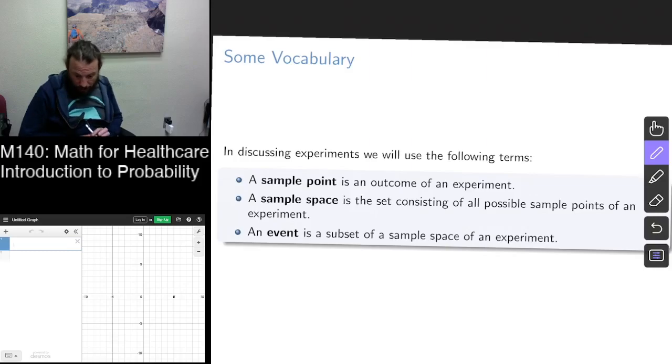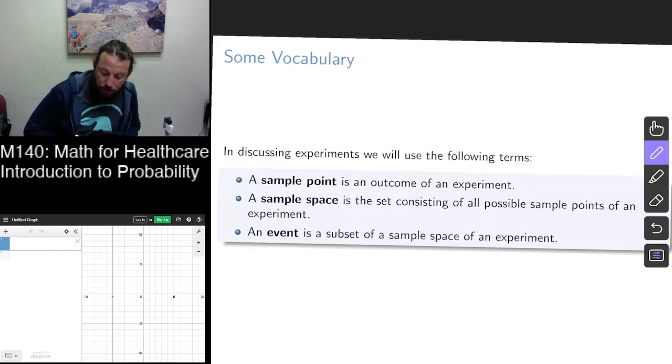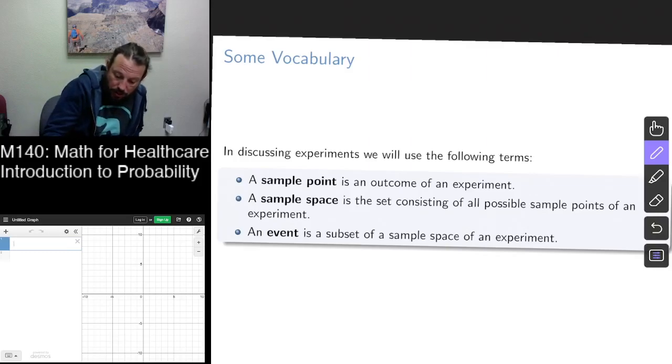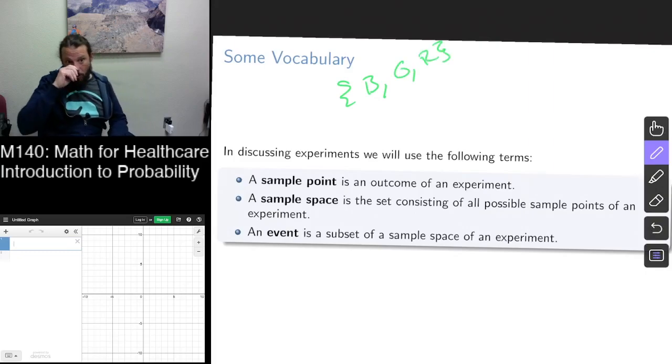For instance, in our last example, the sample space was the set B for blue, G for green, and R for red. That was all the possible outcomes. And an event is a subset of a sample space of an experiment.